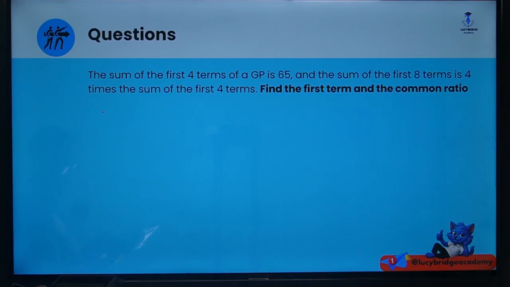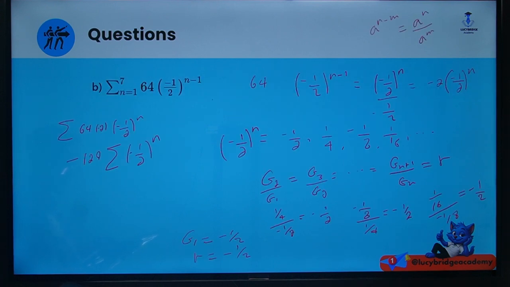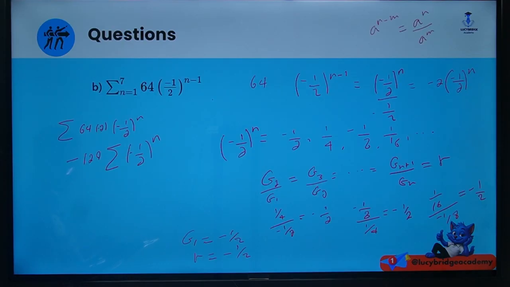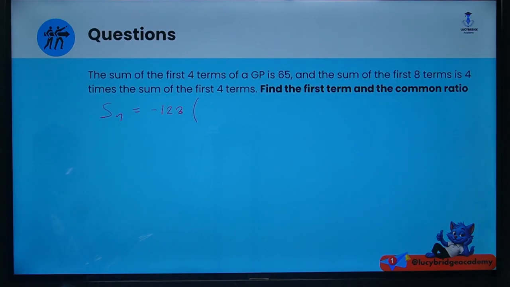S7 is equal to minus 128 times G1 times (1 minus r to the power of n) over (1 minus r).